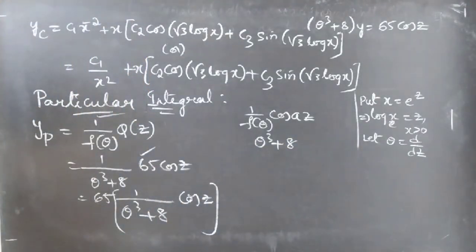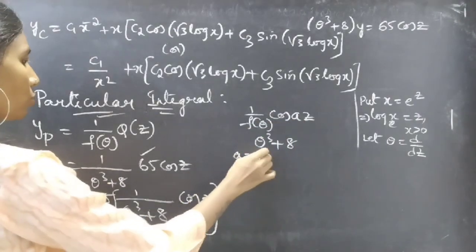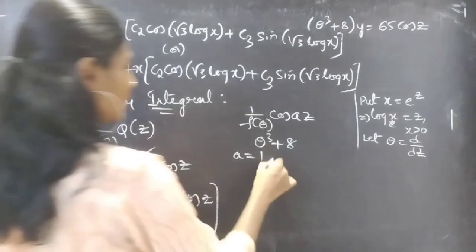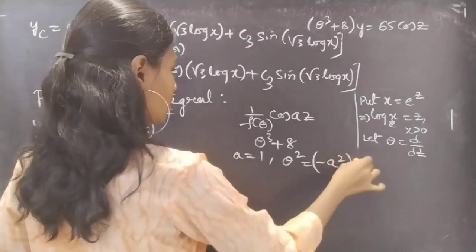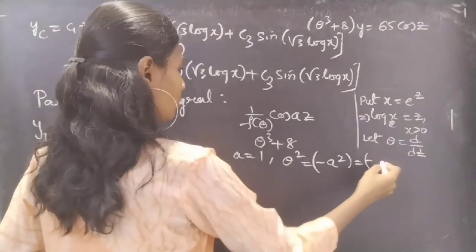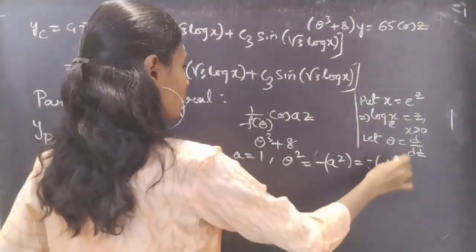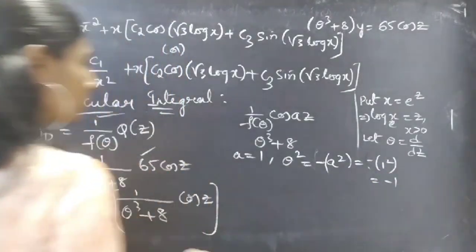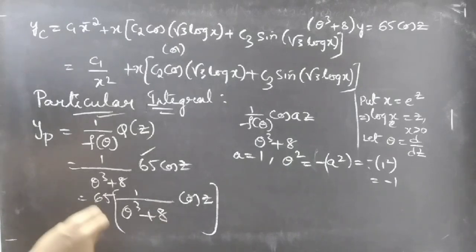Now compare cos z with cos az, then for a equals 1, we'll find theta square, which is given by minus of a square, which is equal to minus of 1 square, equals minus 1. And by replacing theta square, the denominator must be non-zero.